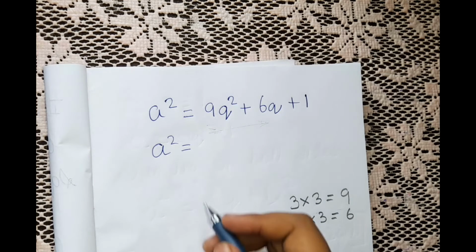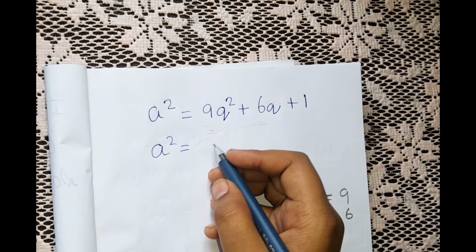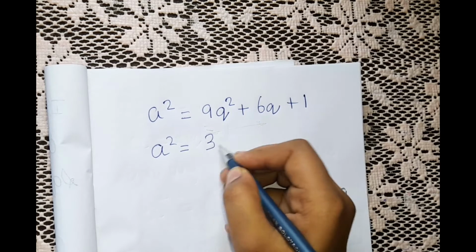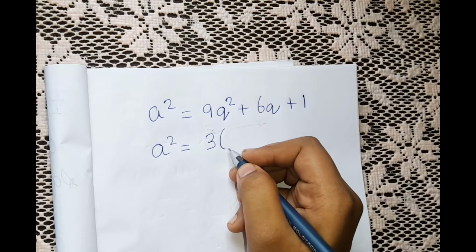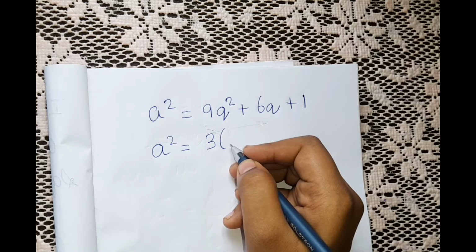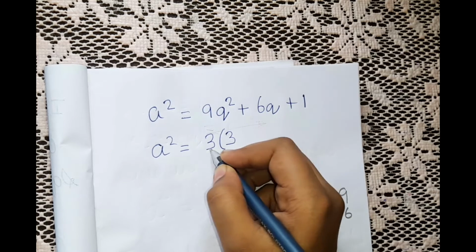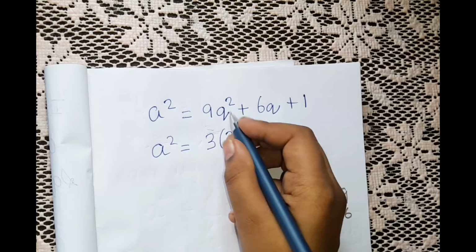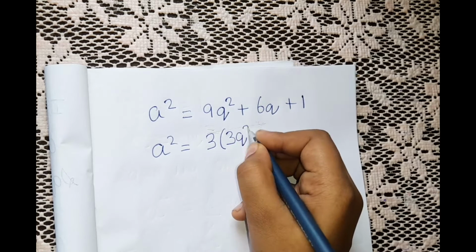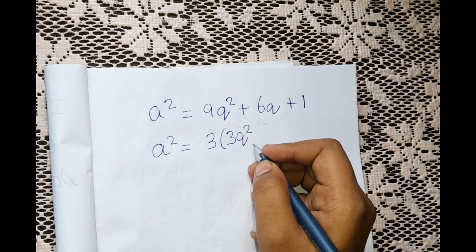I am going to write 3 outside, and the bracket means multiplication sign, that is the into sign. So 3 into 3 is 9, and what about this q square? I am going to write q square. Why are we splitting it?